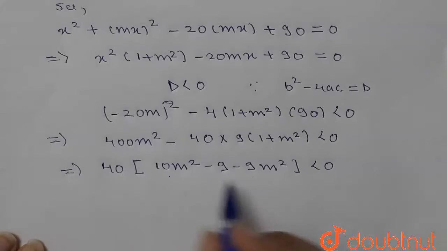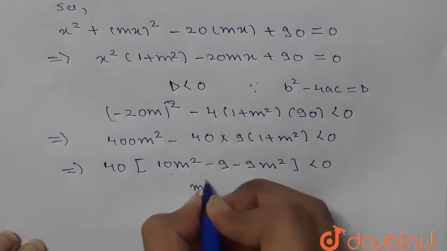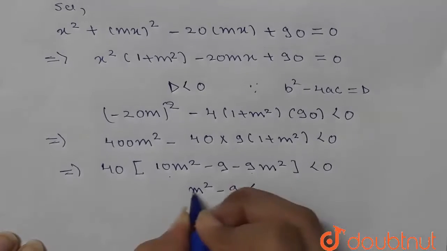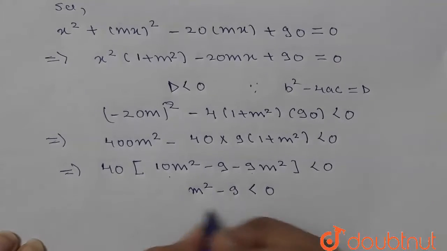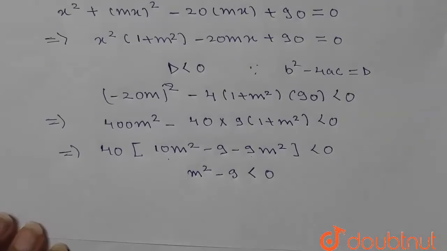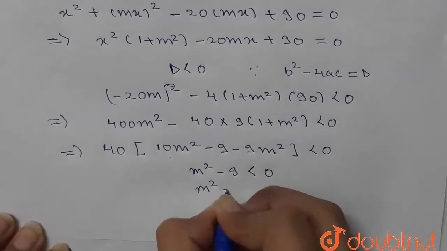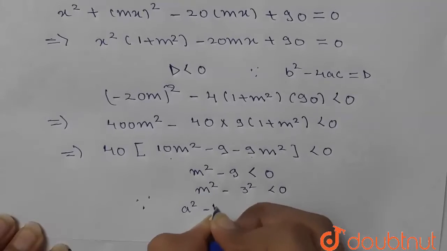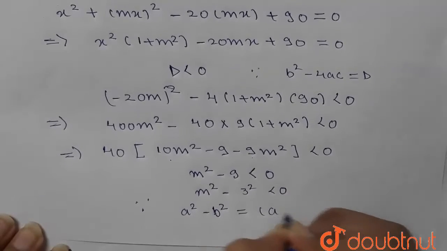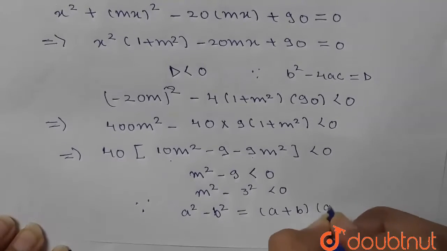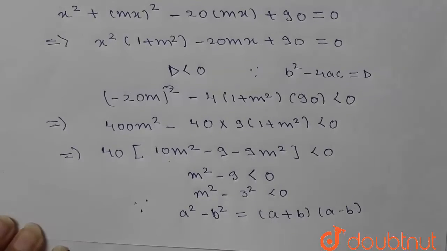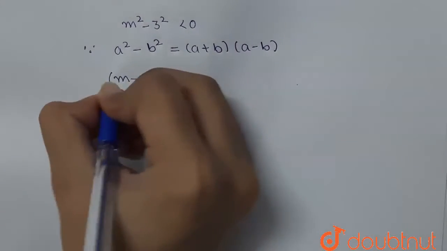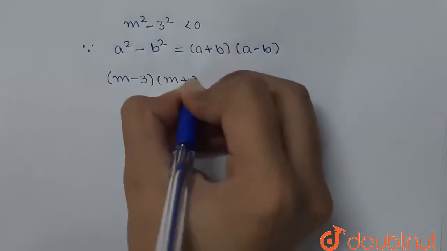So 10m square minus 9m square is m square, then minus 9, and the 40 is common, so we are getting m square minus 9 less than 0. If I write this as m square minus 3 square less than 0, we know that a square minus b square is equal to a plus b into a minus b. So using this property I can write m minus 3 into m plus 3 less than 0.